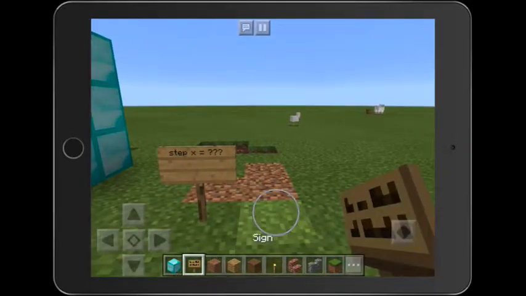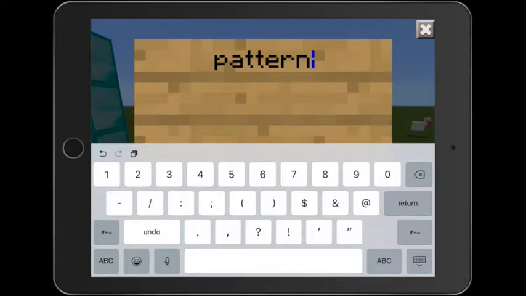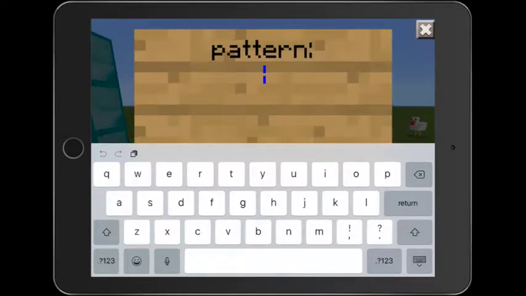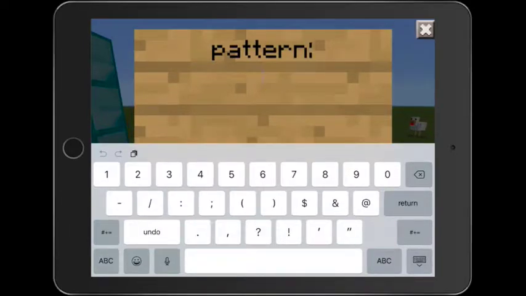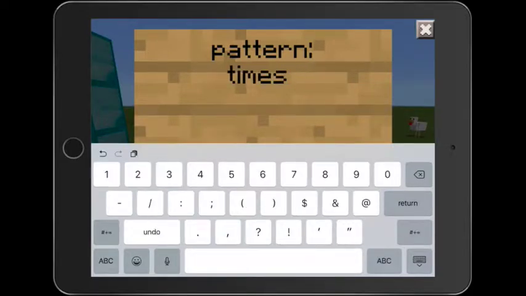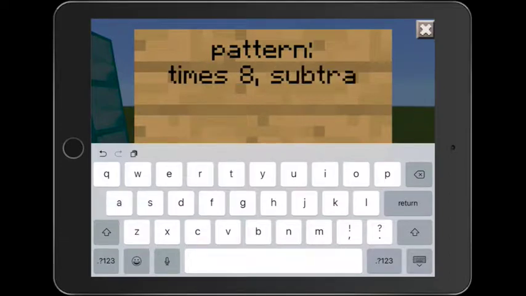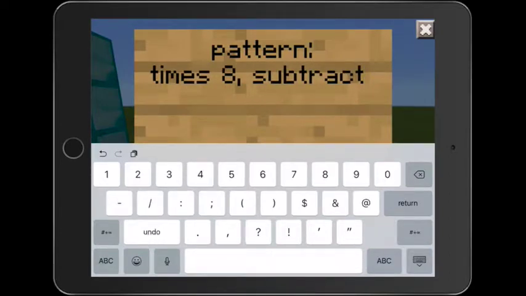So let's look at it in words. So the pattern is really going to be, what is it? It is times 8, but then there's that hole there, so I'm actually going to subtract 5.